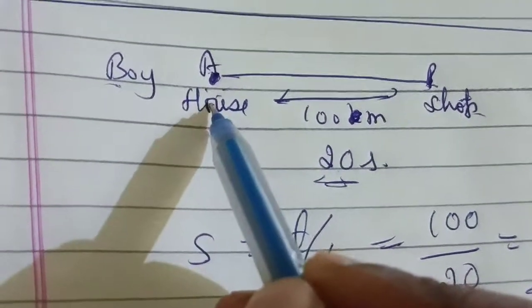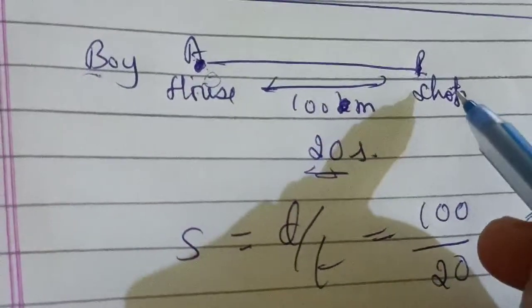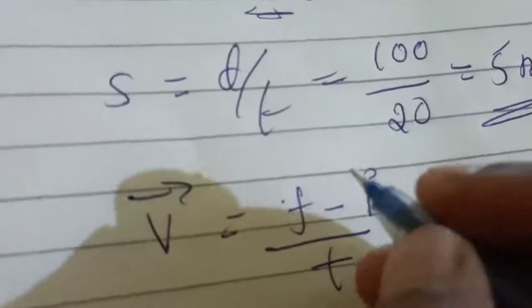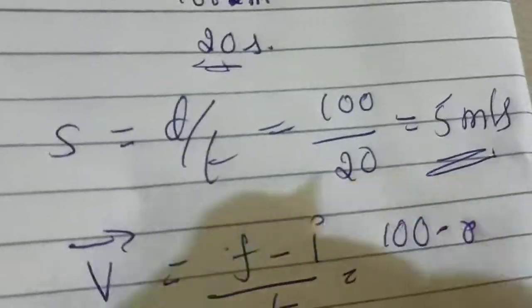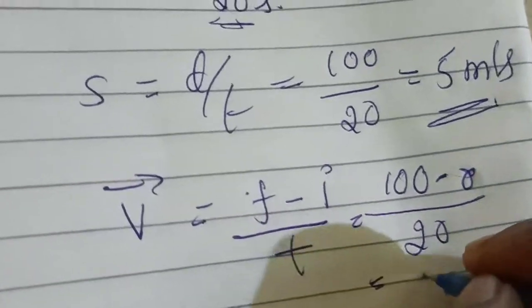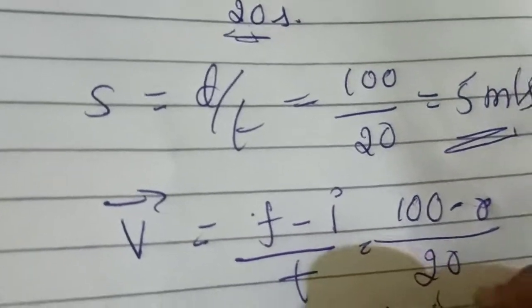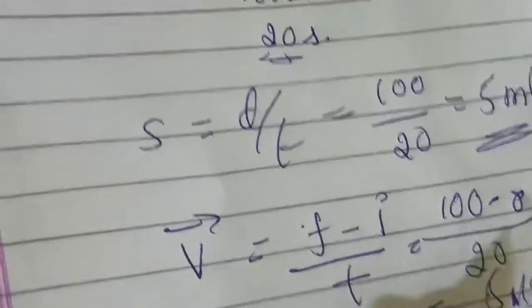So what is the initial position? A, isn't it? That is 0, whereas the final is 100. So final is 100 minus 0 upon time, time is 20. So even the velocity here is 5 meter per second.